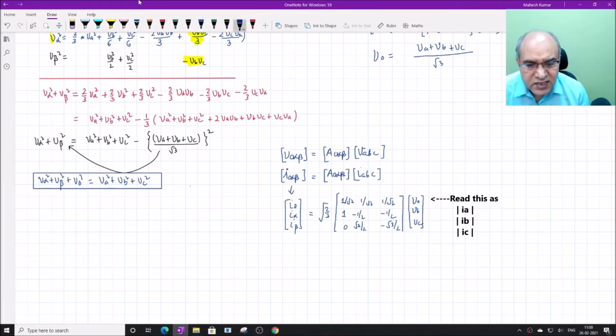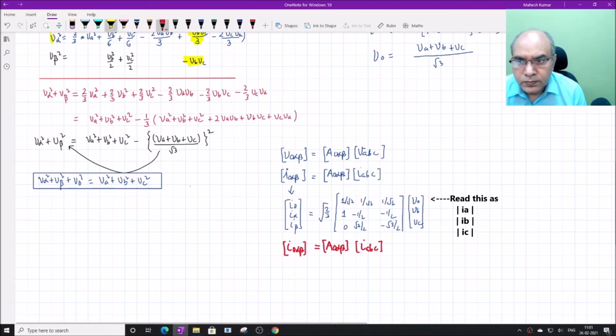Now this matrix has a very interesting property. This matrix, which we call A0 alpha beta, relates IABC and I0 alpha beta. If we know this matrix, we can also find IABC in terms of I0 alpha beta. So obviously we can use voltage or current.